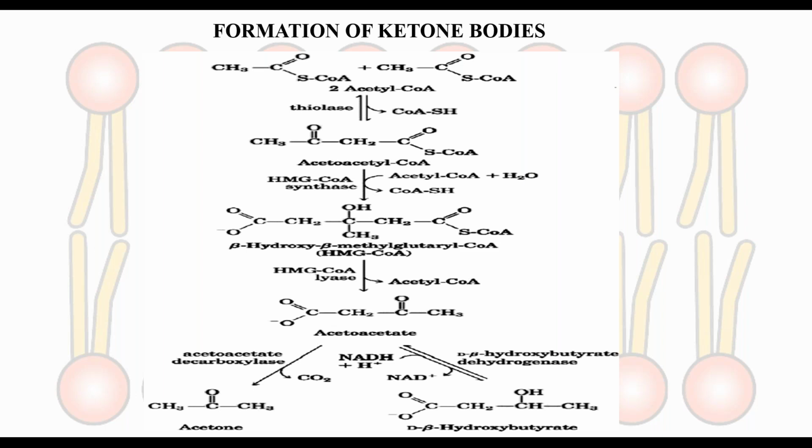Like they can go to skeletal muscles, they can go to heart muscles, and they can help the functioning of these muscles by producing energy. This can also happen in the brain, which can also utilize energy that is coming from beta oxidation of fatty acids, that is from these ketone bodies.